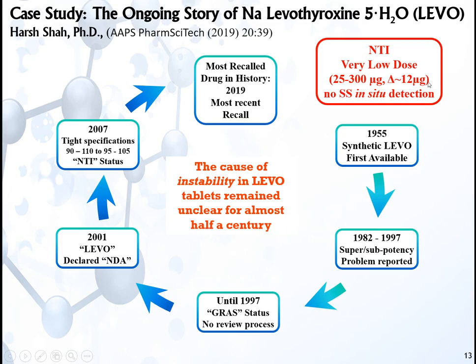It was very hard for the doctors to titrate this. People would get titrated on one, switch to another, and they would have different reactions. And even amongst the ones that they were titrated on, especially before the specifications were tightened, the same compound, depending on its age, could still be within its shelf life and be sub- or super-potent.